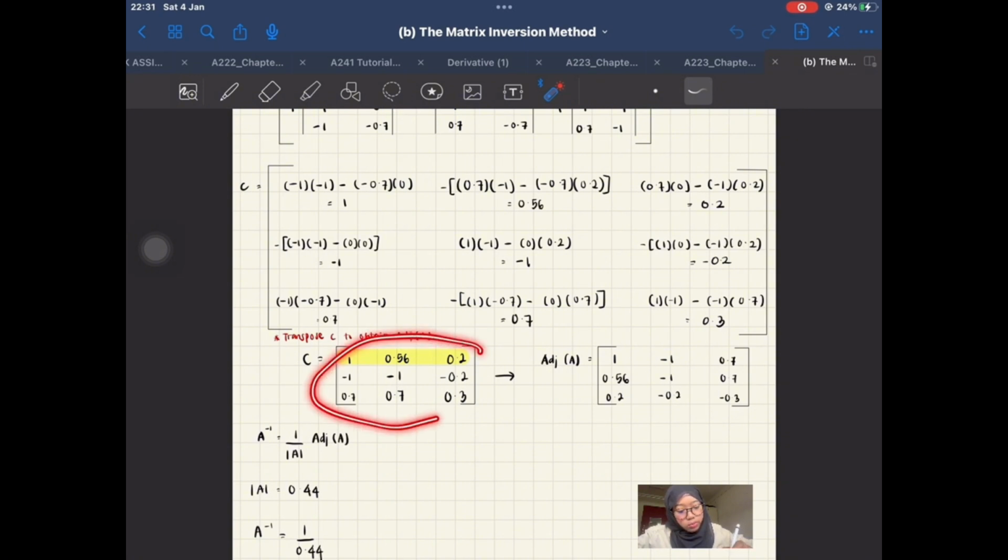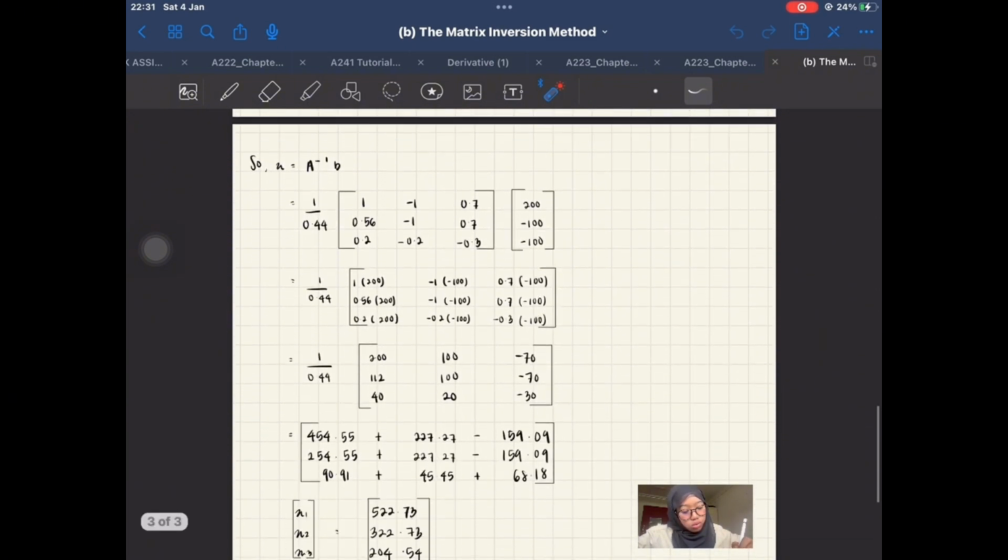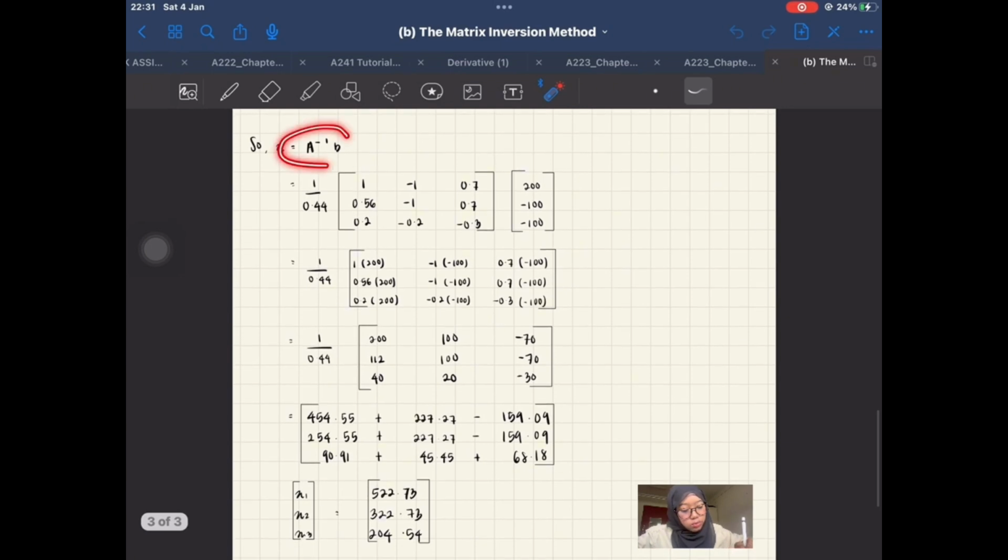Next, we need to transpose the matrix C to get the adjoint of matrix A. To transpose, we just make all rows become columns. So now we already have all the things that we need. We have the determinant of A, and we also have the adjoint of A. So the next step, we just need to substitute this into this formula.